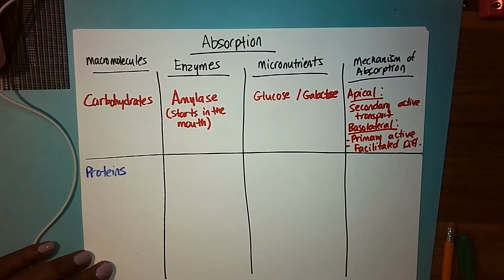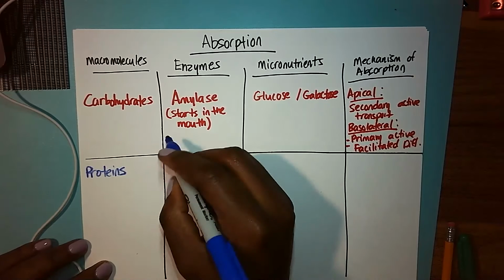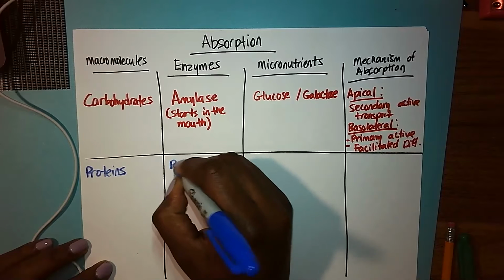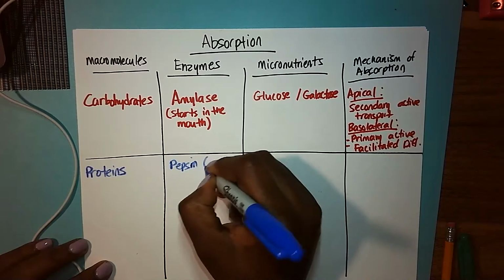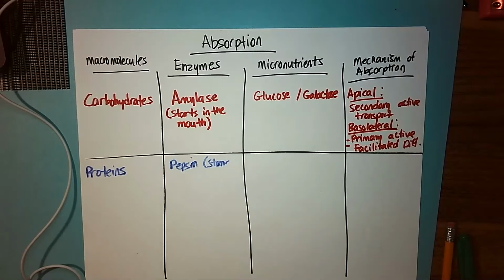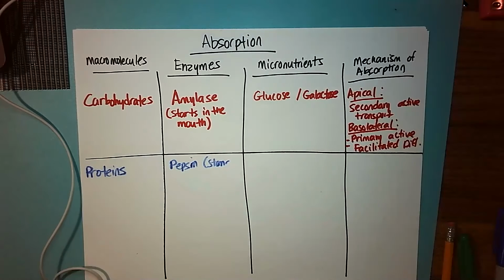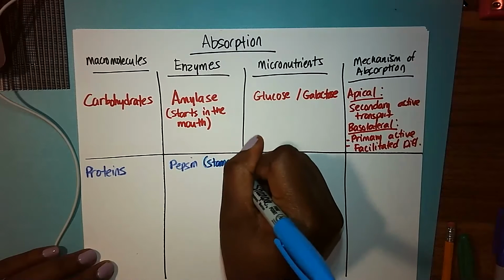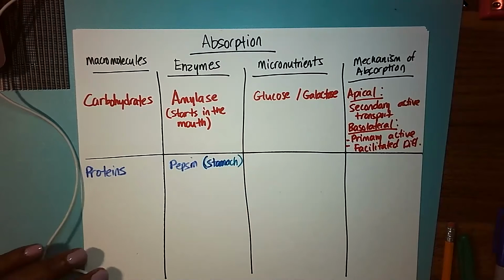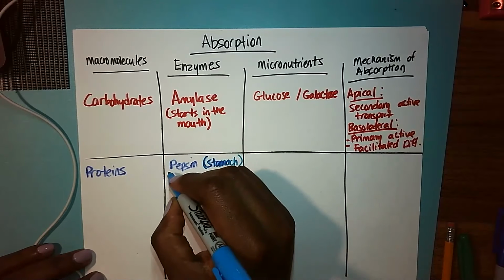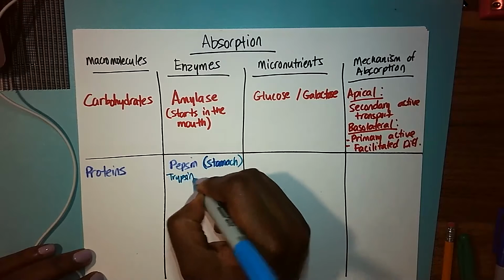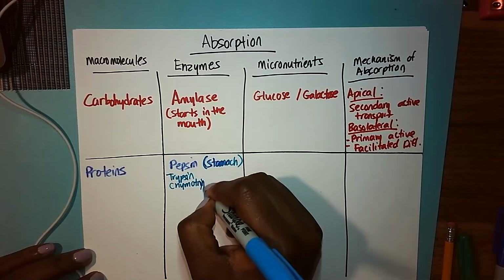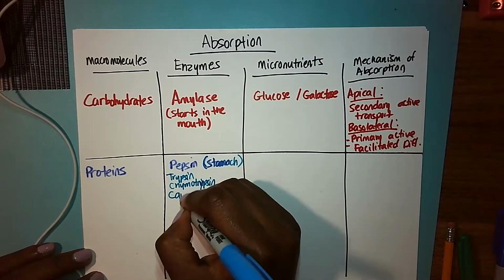So protein digestion starts in the stomach. And the enzymes involved are going to be pepsin in the stomach. So pepsin in the stomach, but then we also had quite a few other enzymes. So there was trypsin, chymotrypsin, and carboxypeptidase.